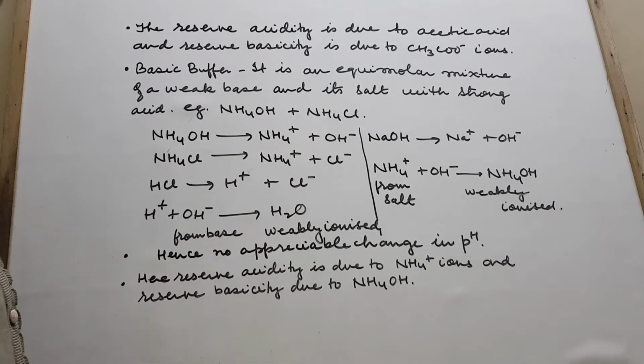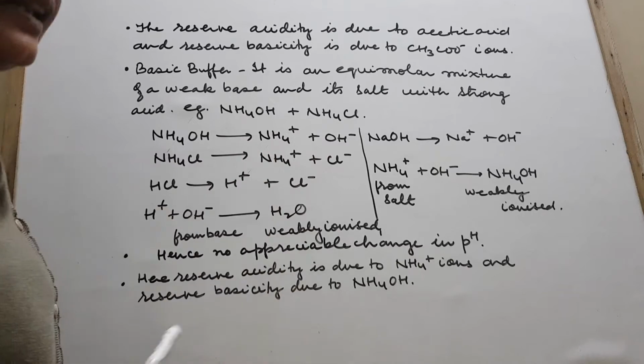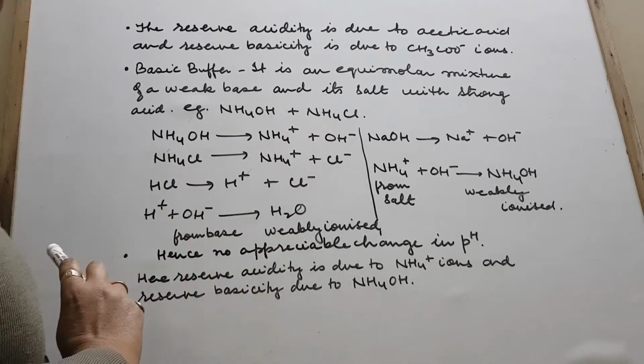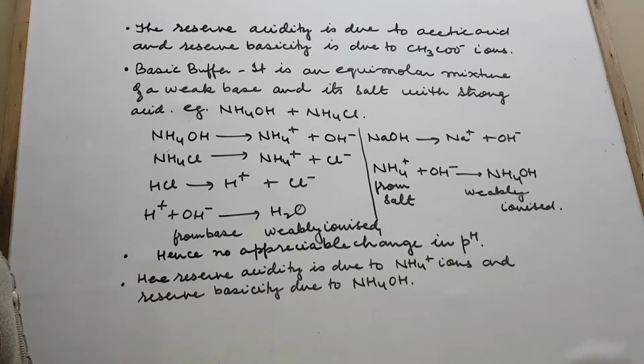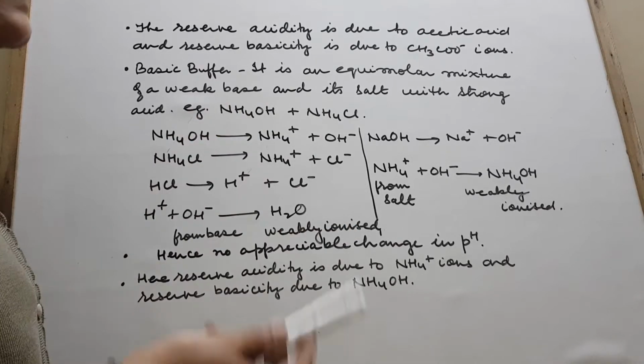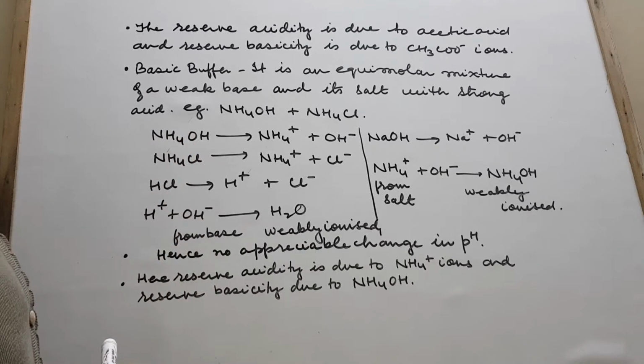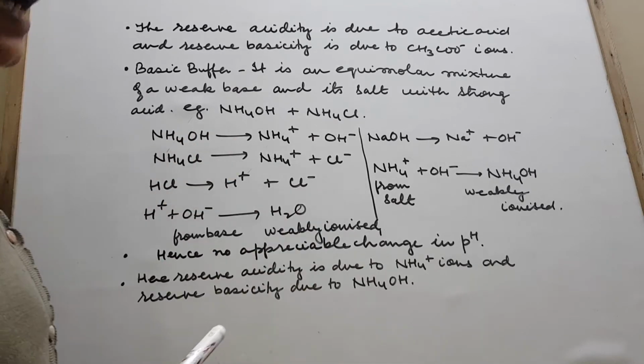You can think of the reaction NH4OH plus HCl gives you NH4Cl plus H2O. So your salt is NH4Cl. So weak base and its salt with strong acid. Point clear. Then children, we will again see its buffer action, how this combination works.